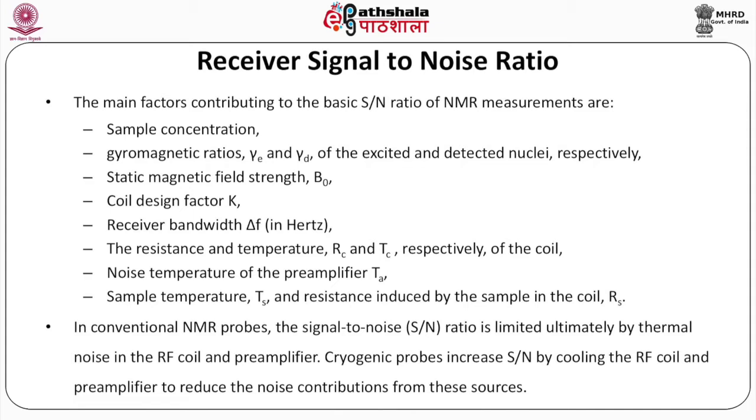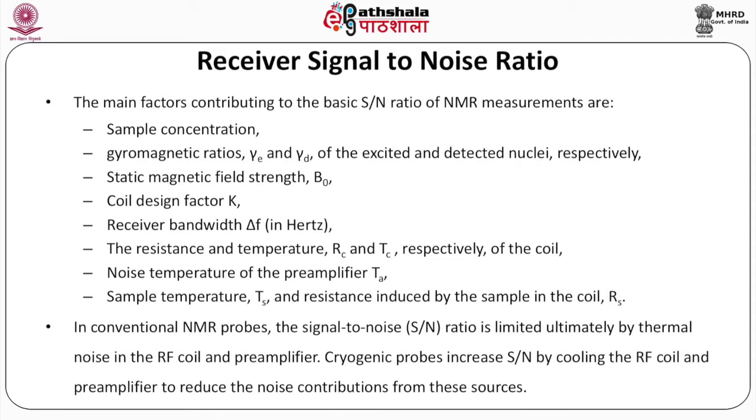Then there are factors related to the probe, coil design factor K, receiver bandwidth delta F in Hertz, the resistance and temperature RC and TC respectively of the coil, noise temperature of the preamplifier TA, sample temperature TS and resistance induced by the sample in the coil RS.